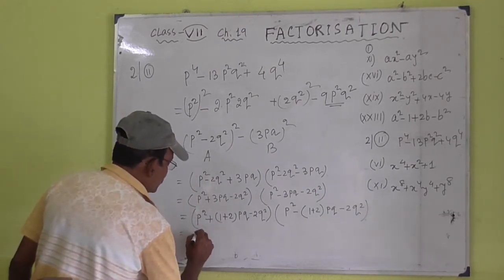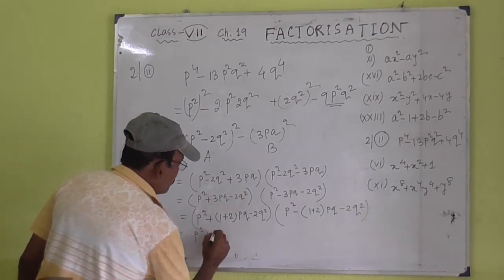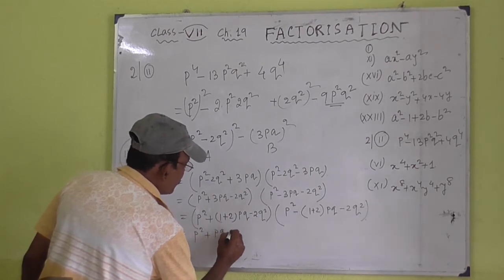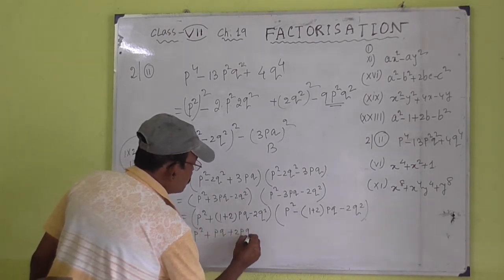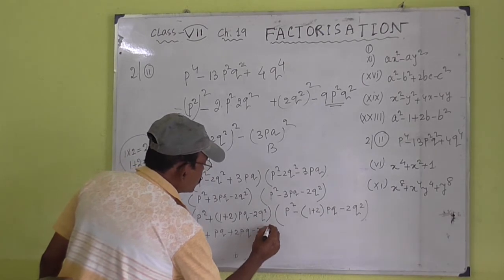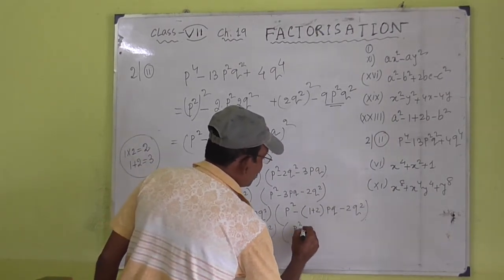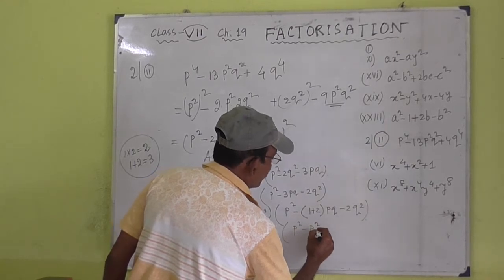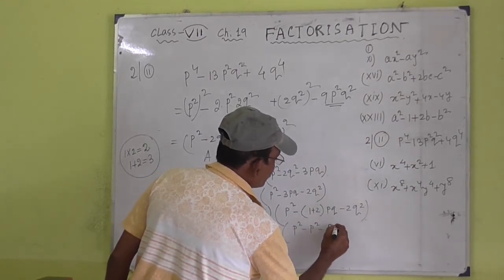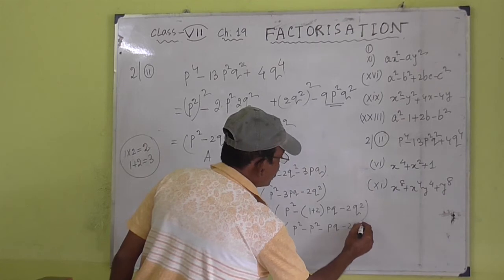We observe that pq plus 2pq minus 2q square, p square minus pq minus pq minus 2q square.